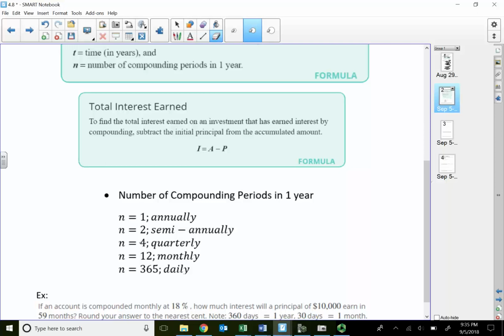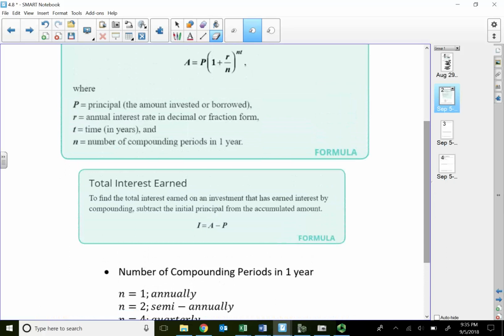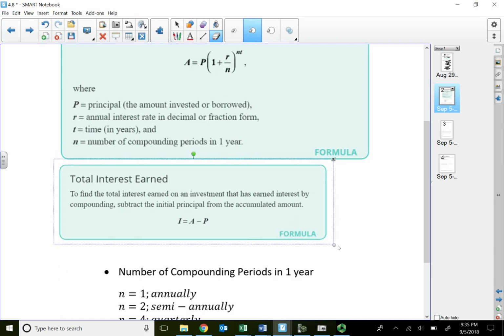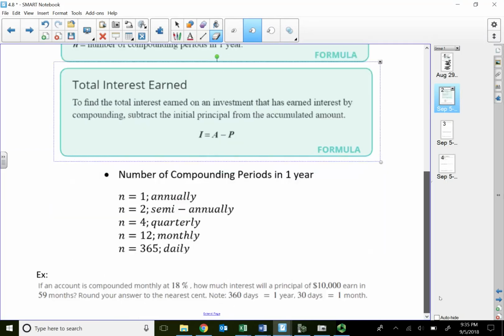Quarterly means it will roll over 4 times in a year. Monthly is 12, and daily is 365. Once I figure out the total amount in my account, to figure out how much interest is earned, I can just take the total amount minus the money I put in, which is the principal.